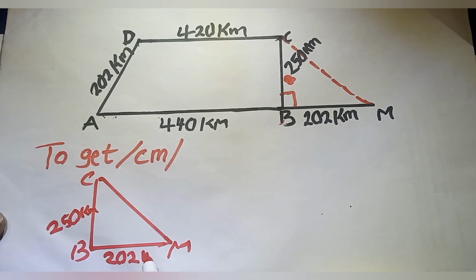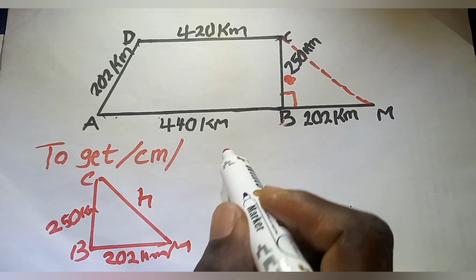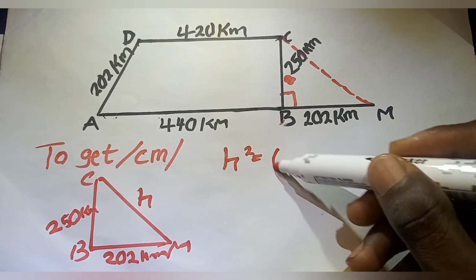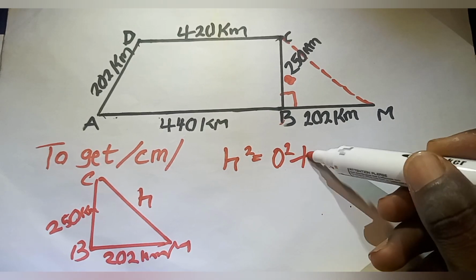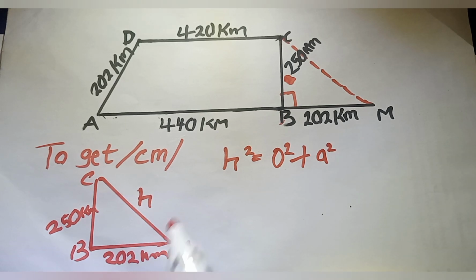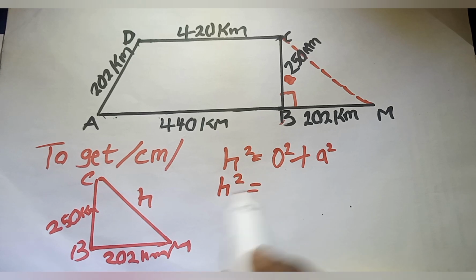Don't forget kilometers. Now, if you want to get line CM, from the Pythagoras theorem, let me call this line CM H. Hypotenuse square is equal to what? Opposite square plus what? Adjacent square.